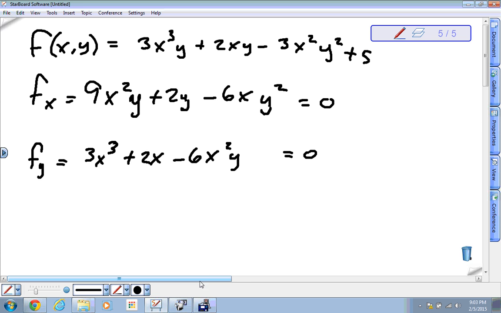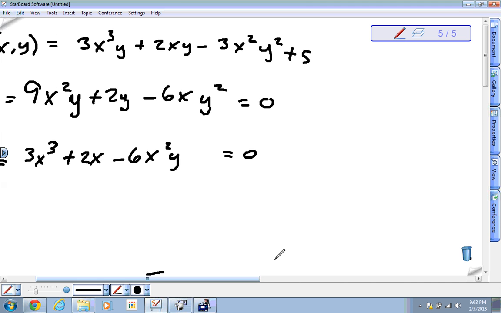For instance, this top one, if you're a glutton for punishment, you know who you are, a little masochistic tendencies perhaps, a person could factor a y out, for instance, and you'd get 9x squared plus 2.